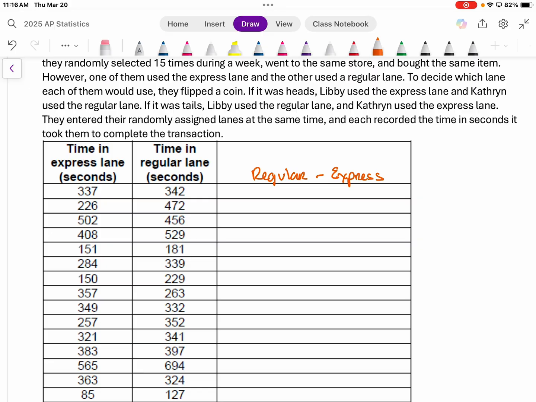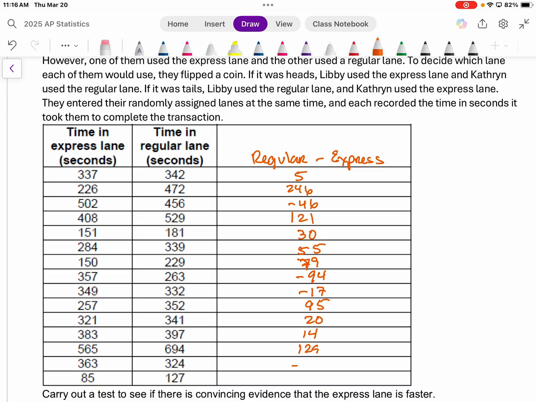If you just want to copy down the numbers, you don't have to use the calculator: 5, 246, negative 46, 121, 30. I meant to copy these down earlier for you, and I didn't. My bad. That's a 79, by the way. Negative 94, negative 17, 95, 20, 14, 129, negative 39, and then 42.